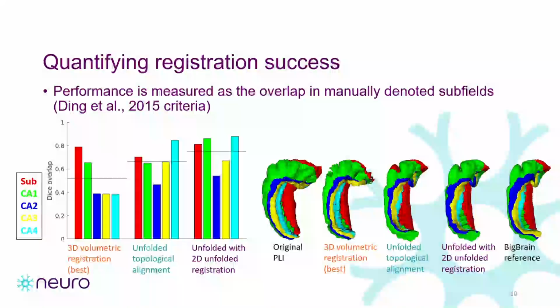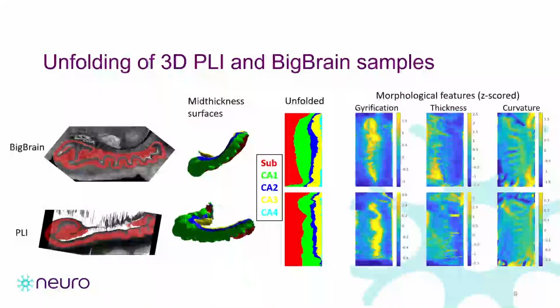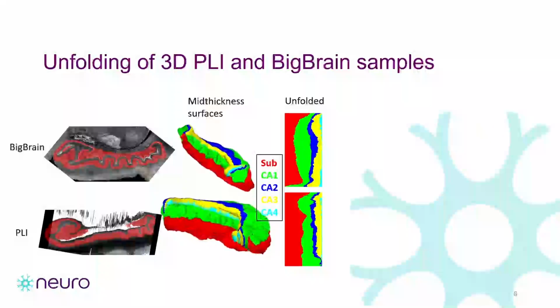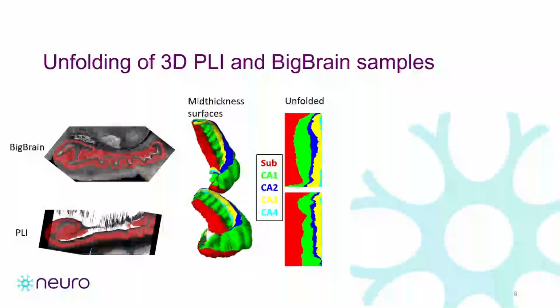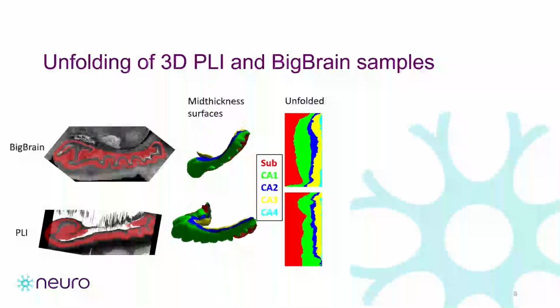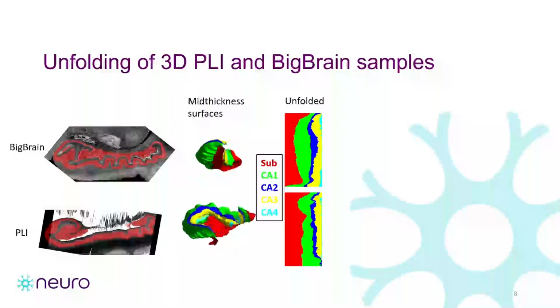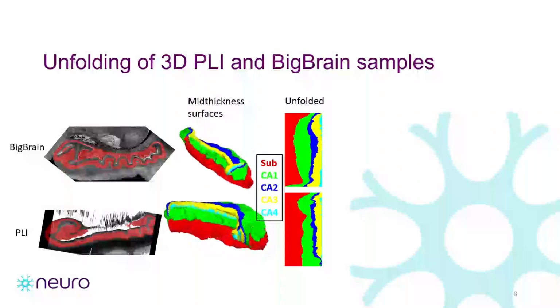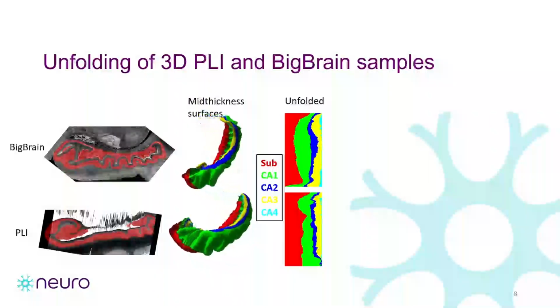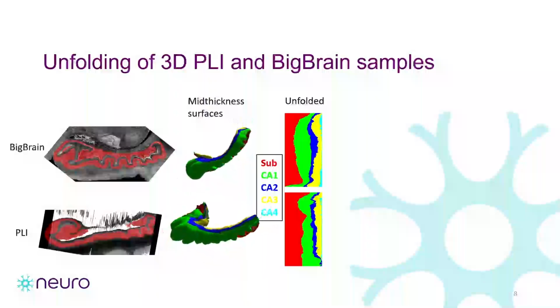Oh, I see. So, let me back up really quickly. I guess this is what you're referring to, that the different subfields don't necessarily look identical in unfolded space. We didn't necessarily expect them to be identical because we did this independently in native space for each of these two hippocampi, and they actually did end up looking fairly close to each other.